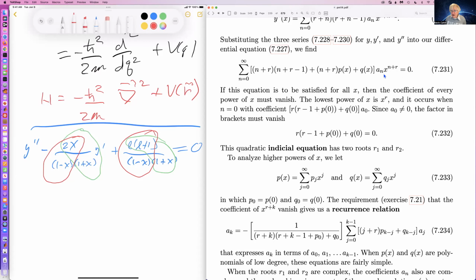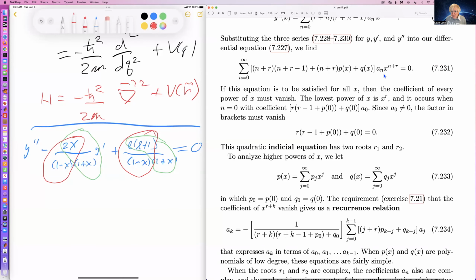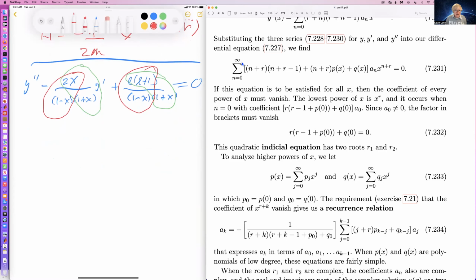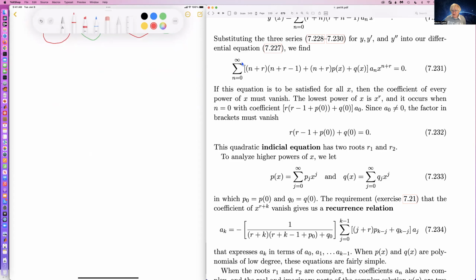If it's to be true for all values of x, then all of these coefficients have to vanish. a sub 0 is not equal to 0, of course, but you need the coefficients here to vanish.